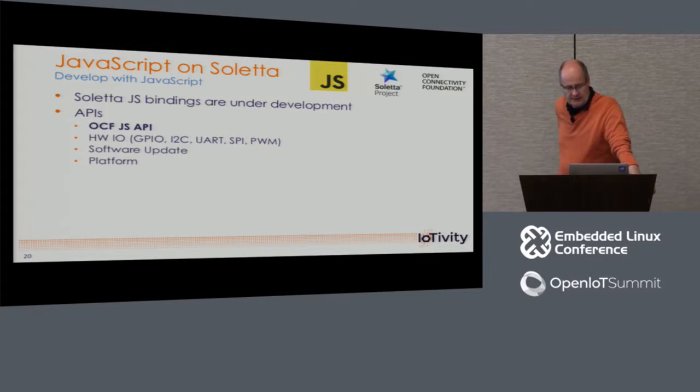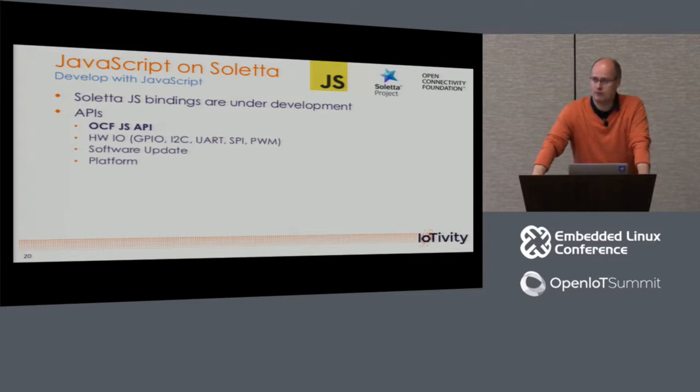Like Iotivity, it did not have JavaScript APIs. So that's why we jumped in and started to do the JavaScript APIs, and we are using Node.js there for Linux, but for developer this should be transparent.